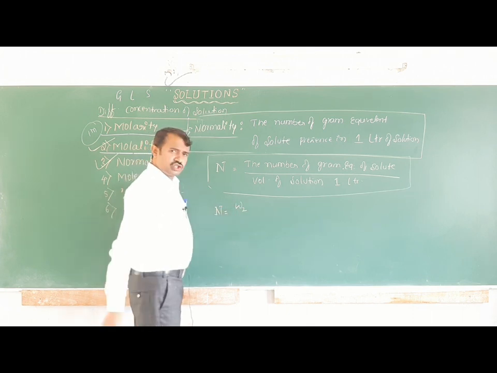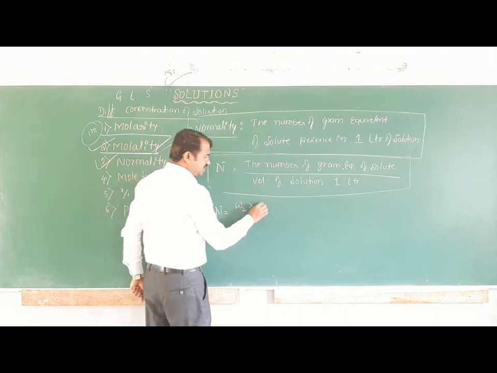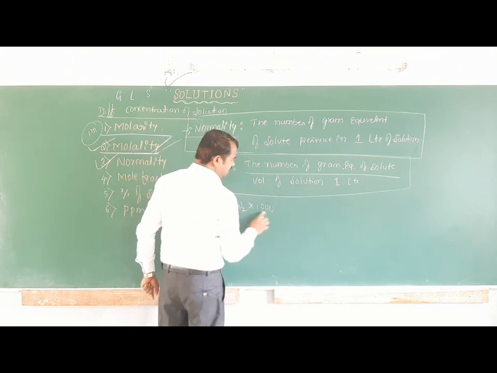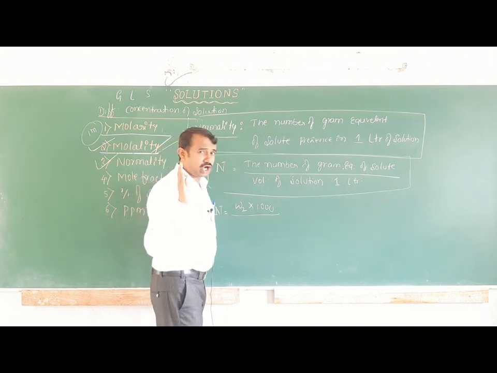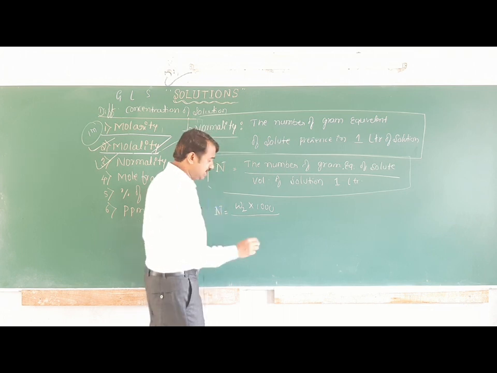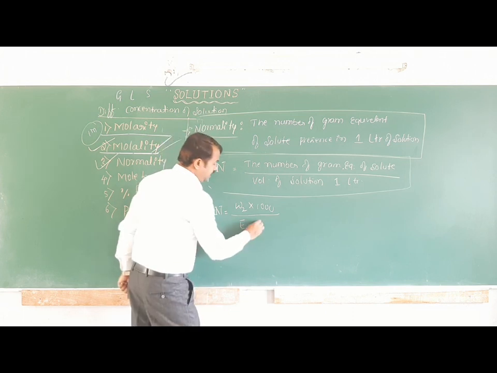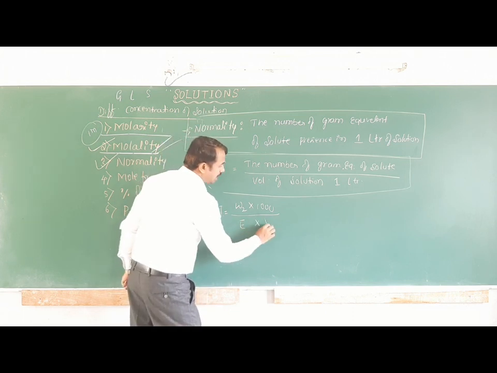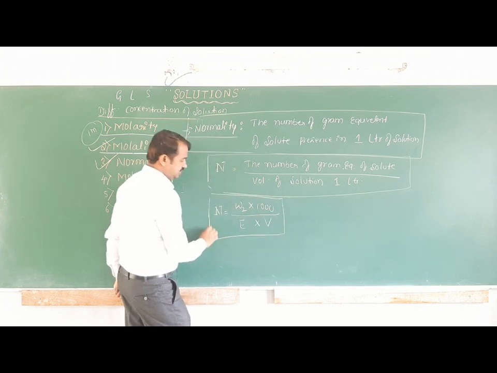Normality equals W2, the solid, into 1000, divided by E into V. We do not consider the molecular weight, we consider the equivalent weight. This is the formula of normality.